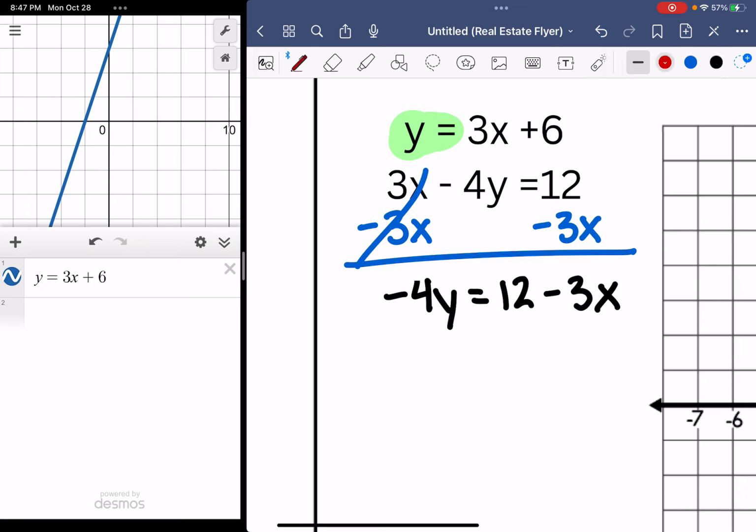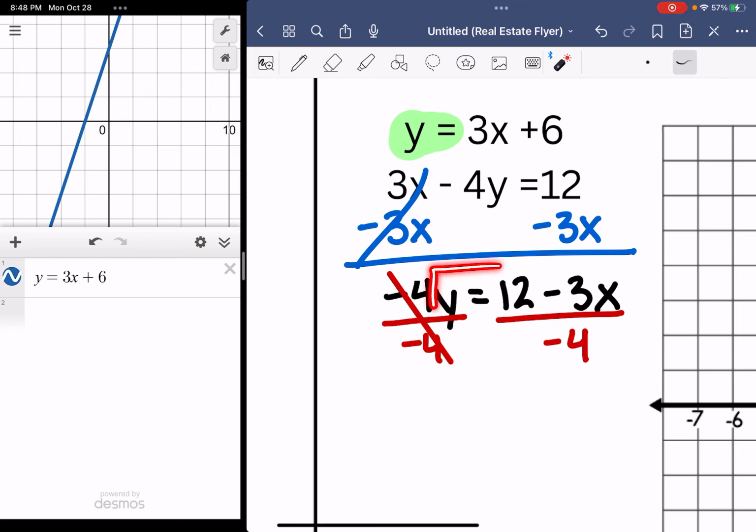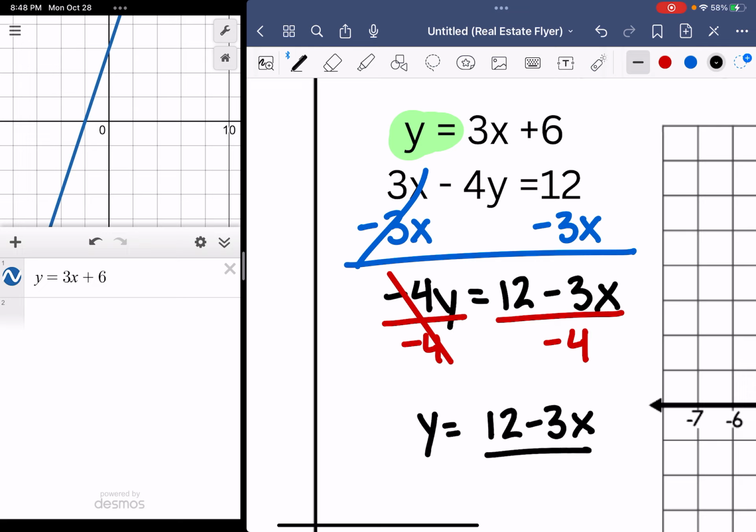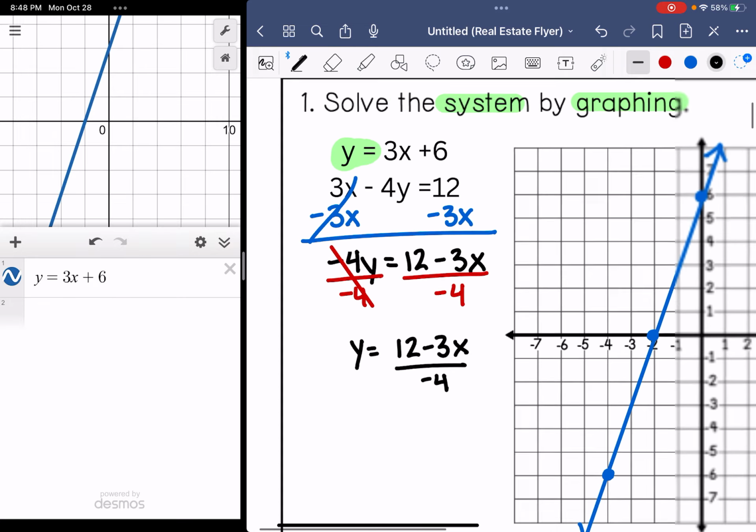My second step, I'm going to divide both sides by whatever is still in front of y. In this case, a -4. Cross them out, and I am done. Here is my final answer right there. Y equals (12 minus 3x) over -4.